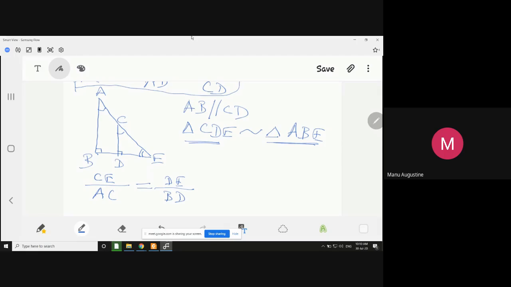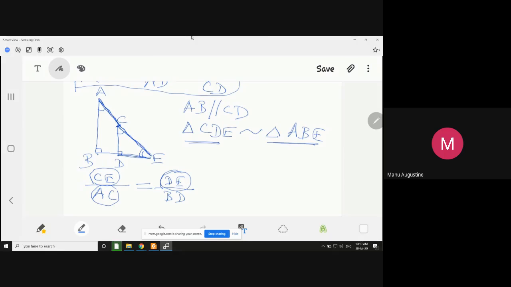Now please note here that CE and DE are actually sides of triangles. CE is one side of the smaller triangle, DE is one side of the smaller triangle again. But AC is not a side of any triangle.